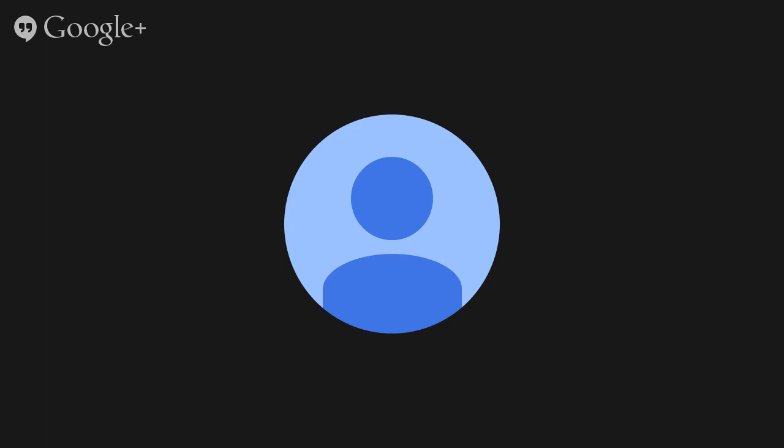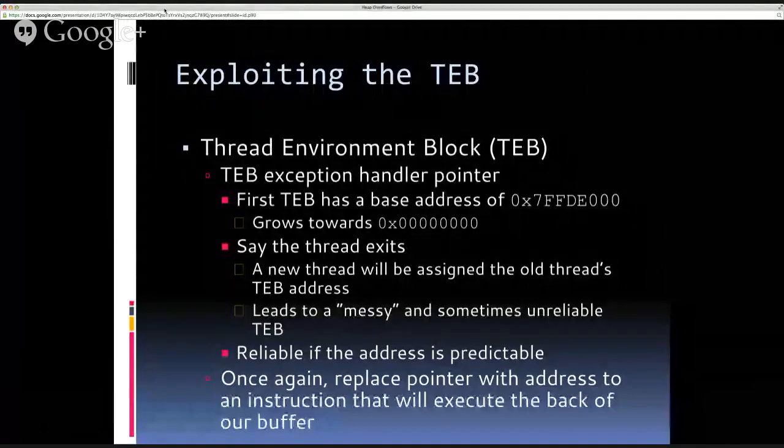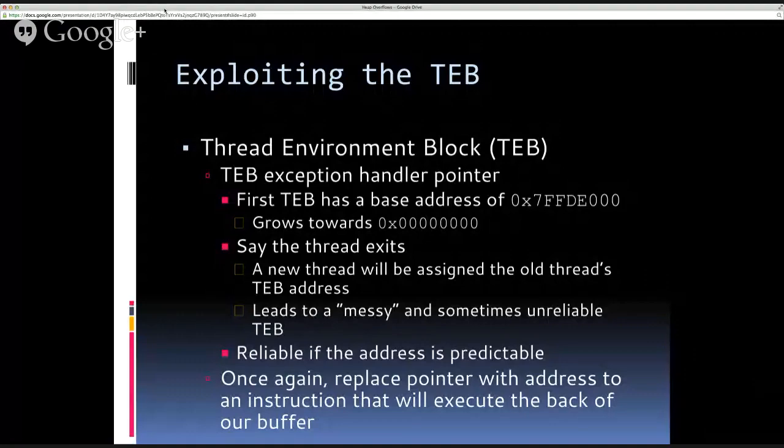All right, so we can also look at the TEB. The first TEB has a base address you see here, and it's growing downward. In between, each additional thread allocates a hex 1,000 bytes of space, going down towards 0. When a thread exits, the new thread gets assigned the old thread's TEB address.